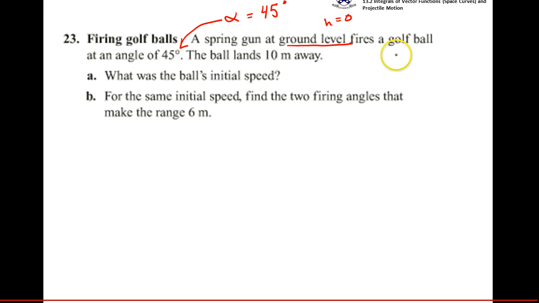The ball lands 10 meters away. That 10 meters is the range. Be careful with the units there. Since we're in meters, when it comes time to consider the gravitational constant g, we have to use the metric version of it, which is 9.8 meters per second squared.